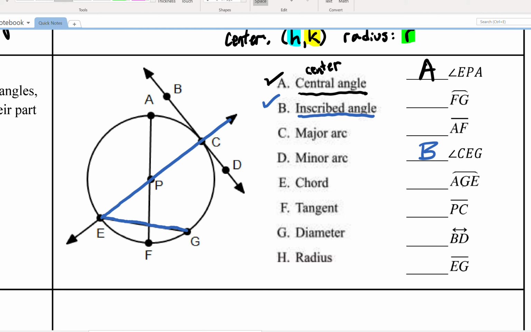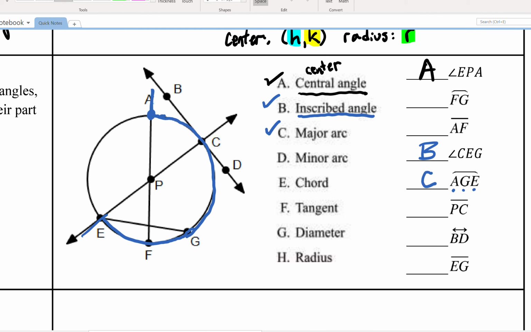And so AGE, if you were to look at AGE, this A that it starts with, and then it goes to G. So from A, it goes over here to G, the shortest distance, and then it continues on through to E. And so it goes over here to E. And from here, all the way over here, that's the major arc. And so major arc would be C.